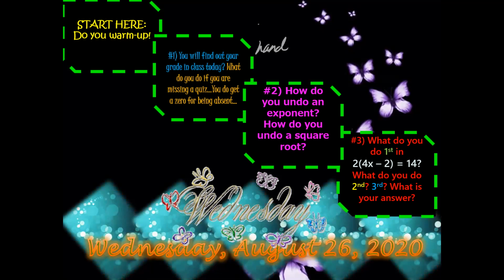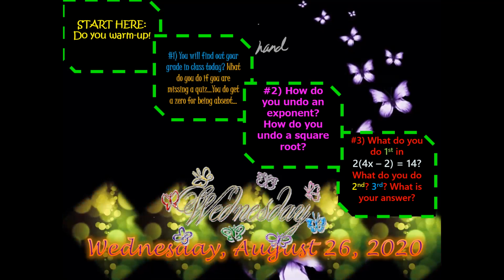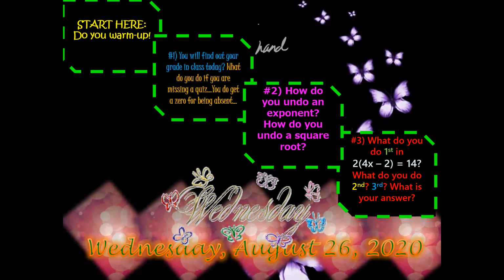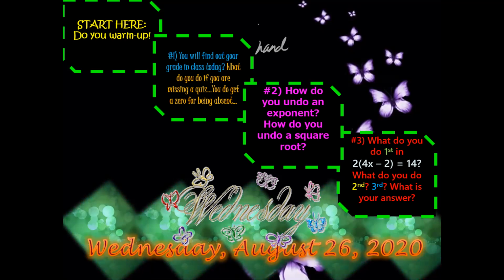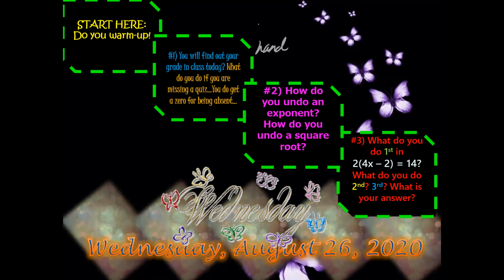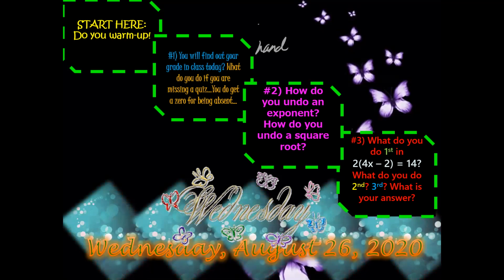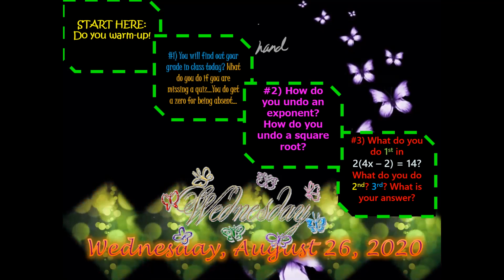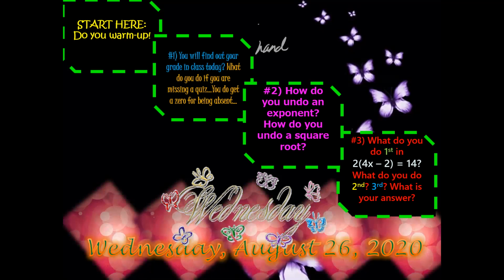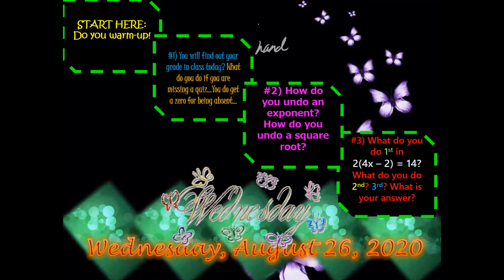Question number 1: how do you find out your grade? Well, you will find out your grade in this class today. I generally have you do a grade check once a week. Usually it's on a Wednesday for the regular school year, but since we're on a hybrid model, I might have to revert that to a Tuesday, Wednesday, or Thursday kind of thing. But you will definitely find out your grade in class once a week.